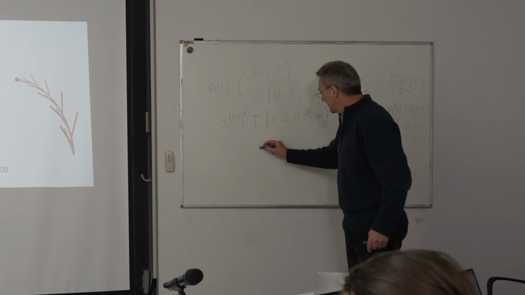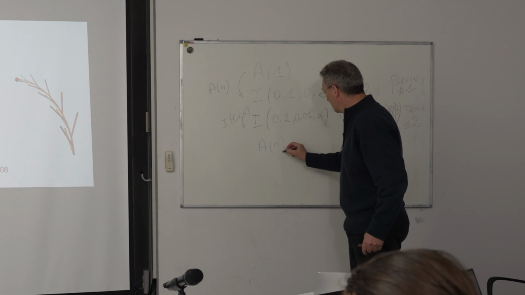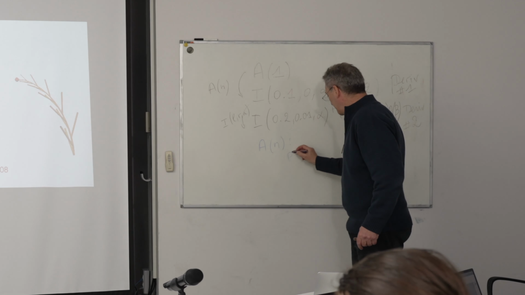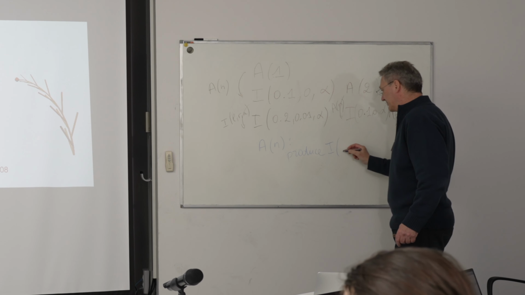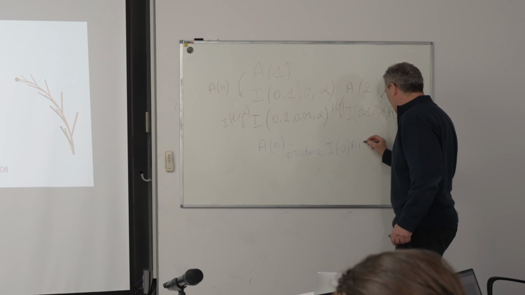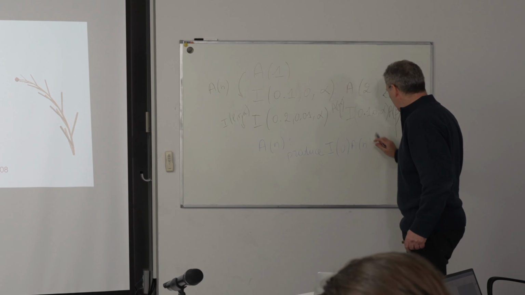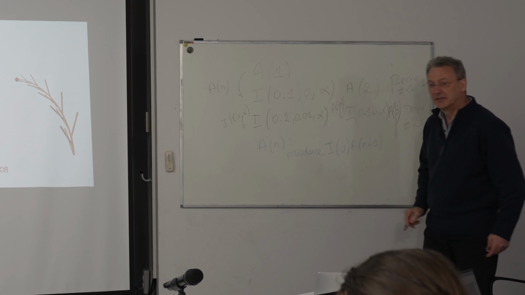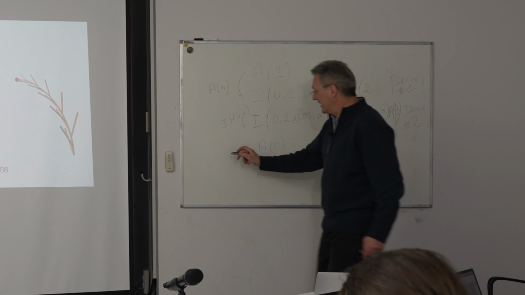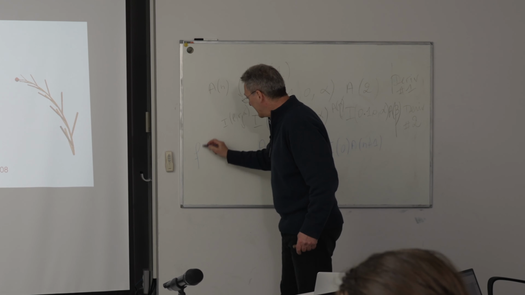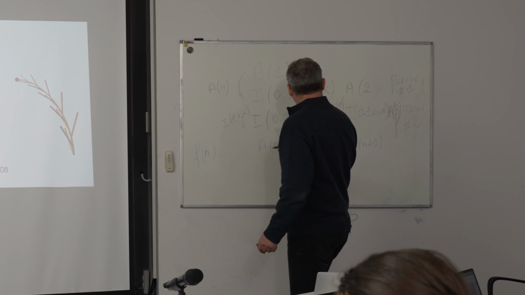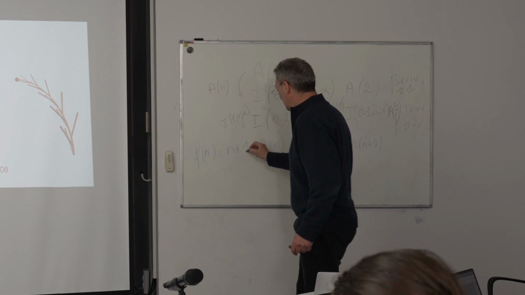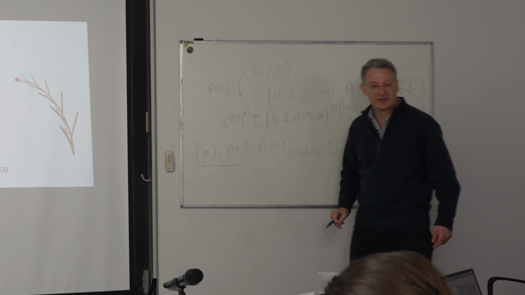When I write a rule like this, A of n becomes I of 0, A of n plus 1, let's say. Okay? It's exactly as if I would write f of n, A being the f, equal, let's say, n plus 1. So this is the mathematical definition.